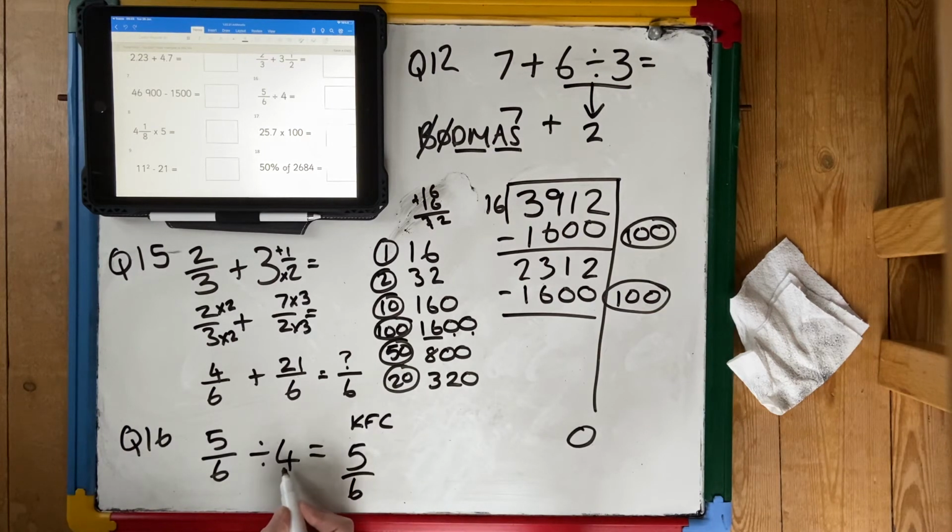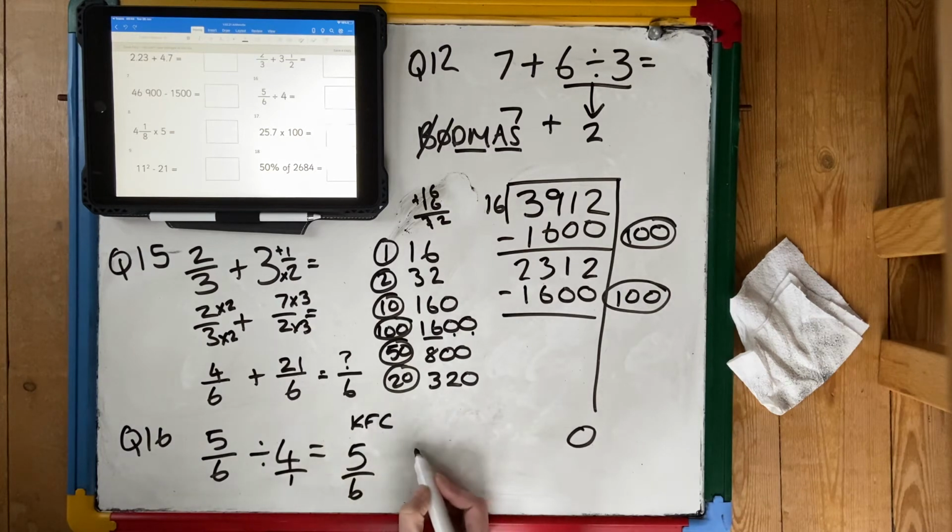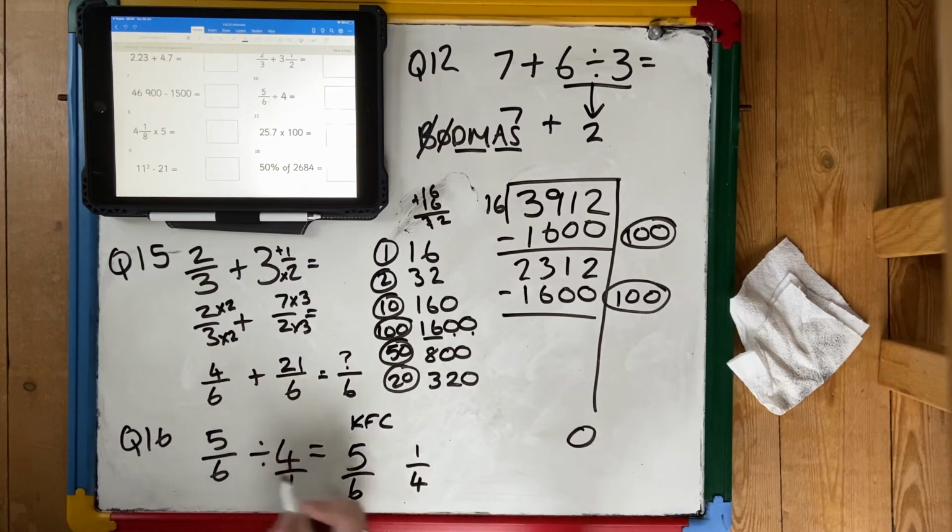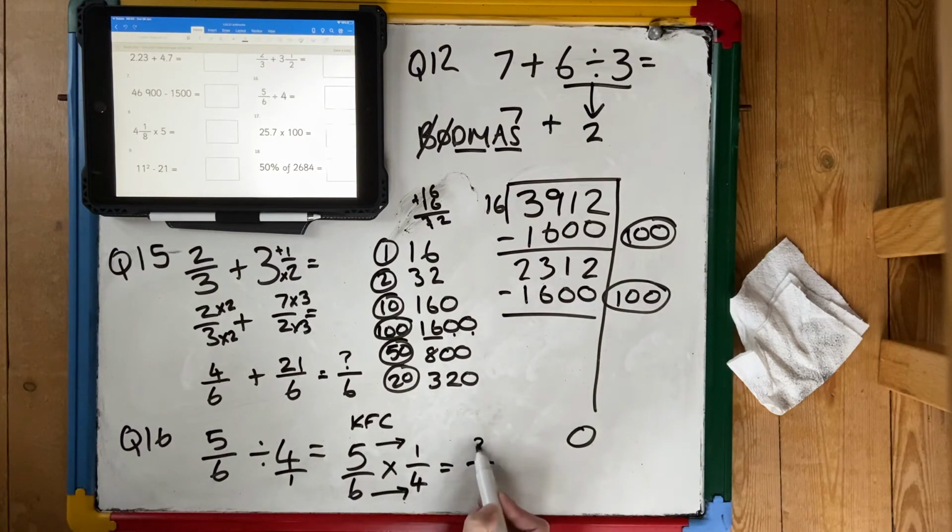Flip the next fraction, so 4 is 4/1, flip it to make a quarter. And then change the operation from divide into times. Timesing fractions, all you do is times the numerators together, times the denominators together. So 5 times 1 is what? 6 times 4 is what?